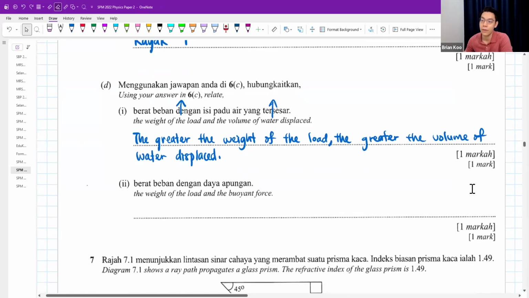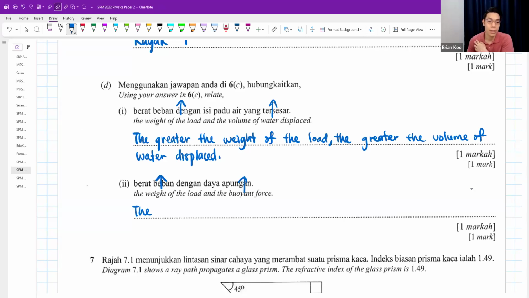What about weight of load and buoyant force? The greater the weight of the load, the greater the buoyant force. If your load is heavier, then you need more buoyant force. Another way you can say it is the weight of the load must always be equal to the buoyant force for it to float.